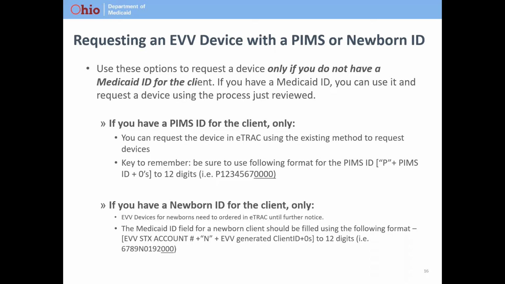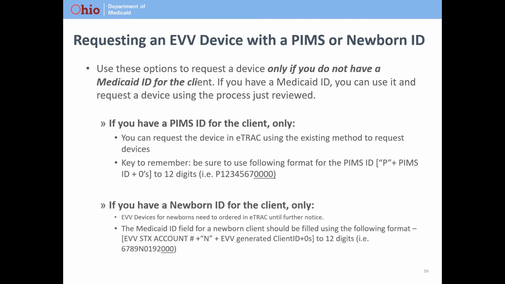You would log into eTrack, go through the typical steps to get to the device request screen for the individual, and in the Medicaid ID field, where you would typically put a Medicaid ID, you would put in the newborn ID for the client or the other payer ID for the client, using the format of first putting in the EVV STX account number that has been assigned to you.